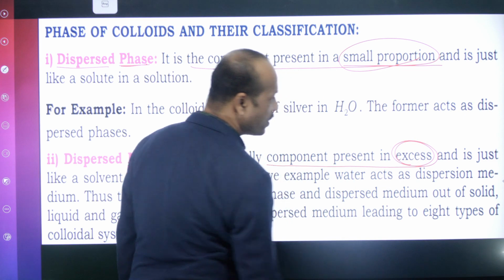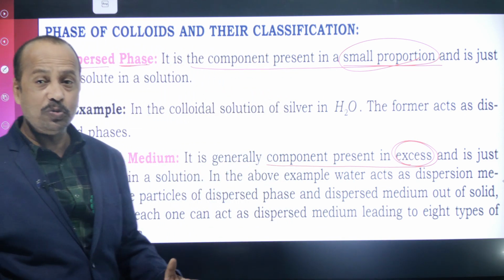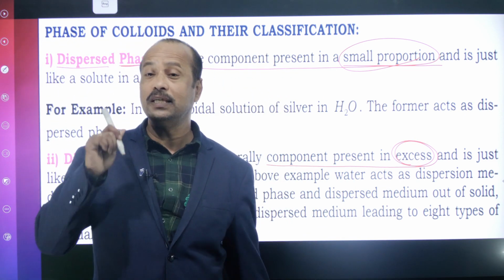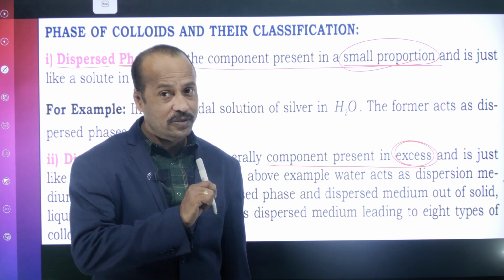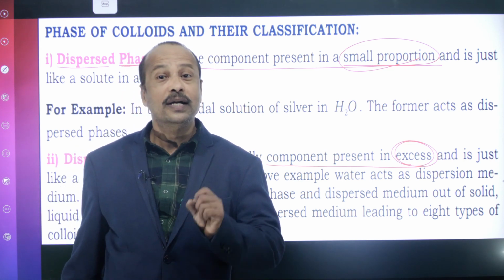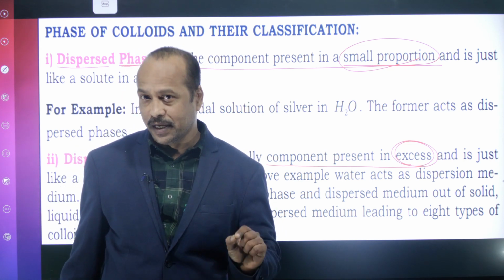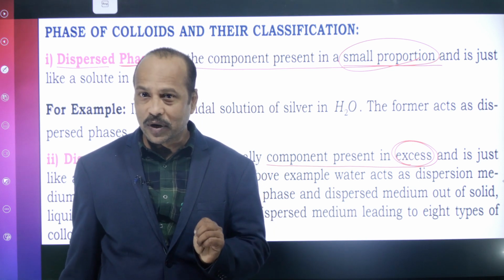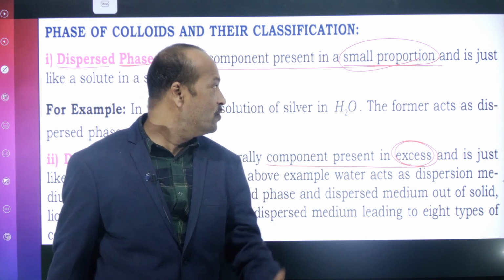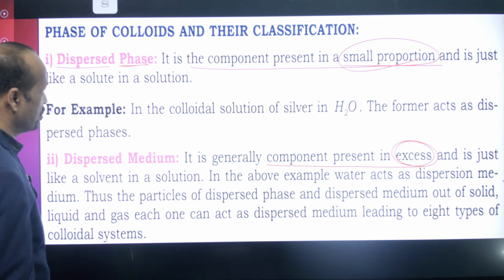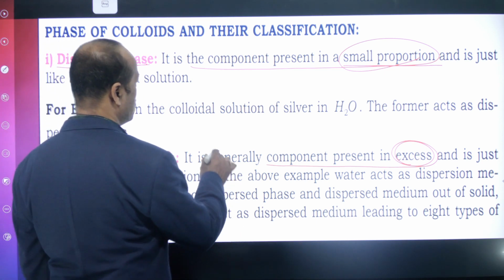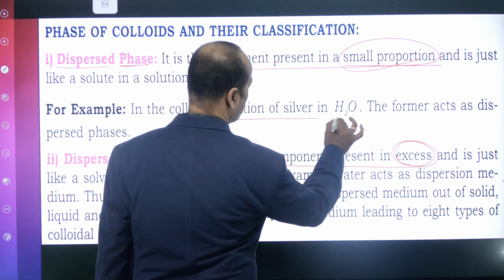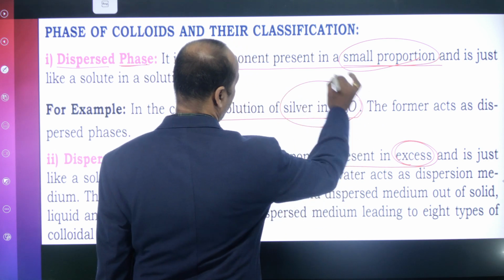This is an important part. Excess means more, present in more quantity in a colloidal solution. That is called the dispersion medium, and which is lesser in quantity is called the dispersed phase. Now here is one colloidal solution made up of silver in water. See here, colloidal solution of silver in water.